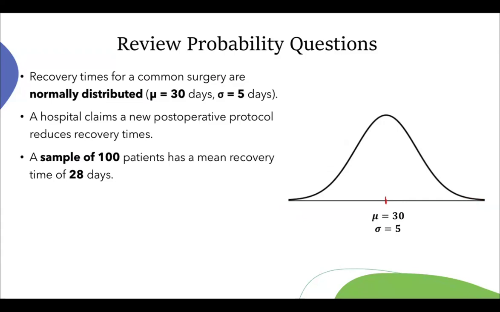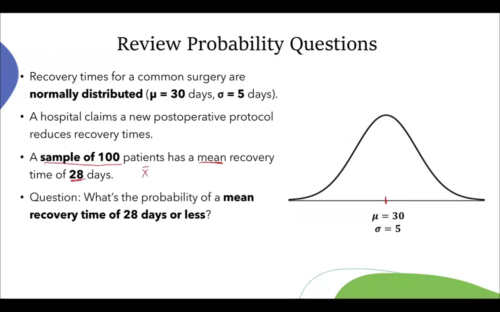A sample of 100 patients has a mean recovery time of 28 days. So this mean represents the mean of the sample. So this 28 is the value for X bar.